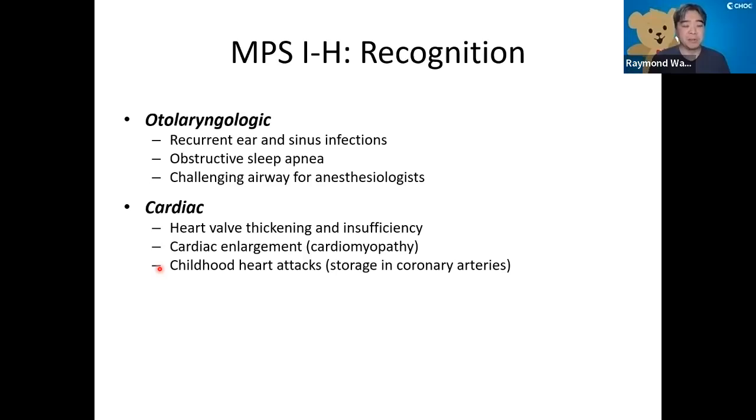There would actually be storage of GAG material within the coronaries, which untreated would lead to cardiac ischemia. That and pulmonary disease were some of the most common causes of death in severe MPS1 patients before the era of treatment.